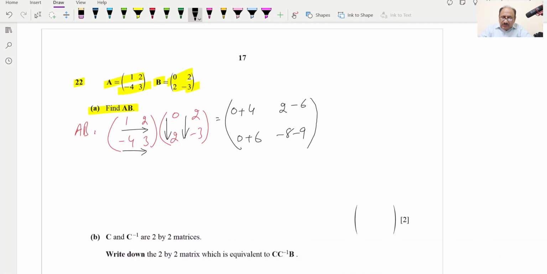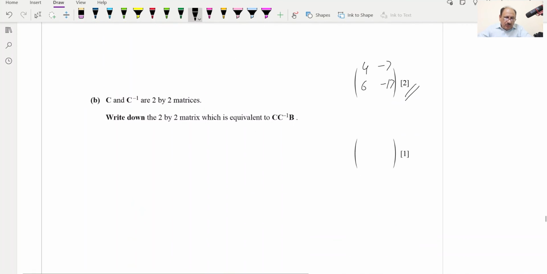Now we can further simplify. This will be 4, this will be minus 4, this will be 6, and this will be minus 17, and this will be the final answer which we can provide over here. This is a 2 mark question.